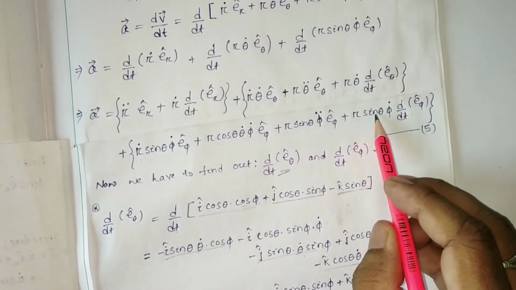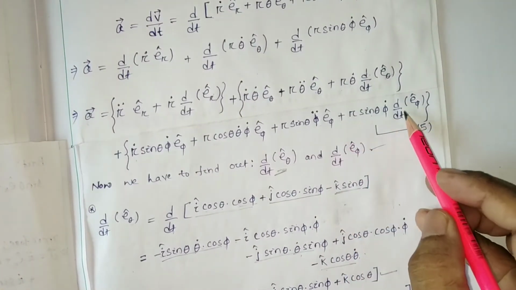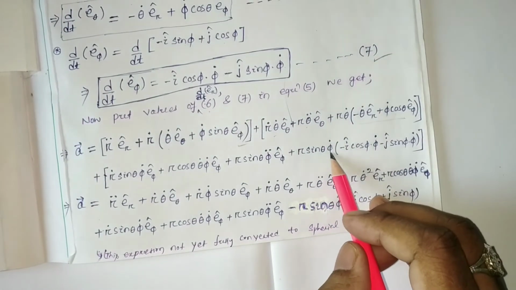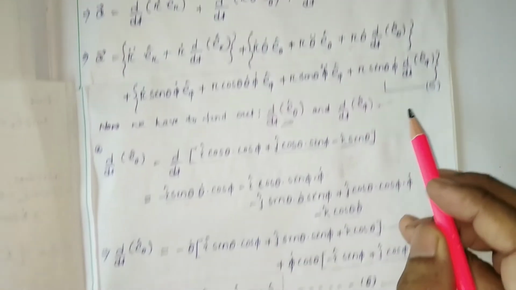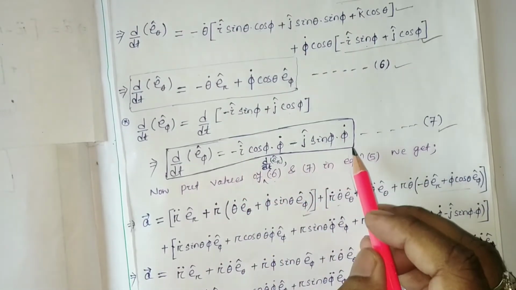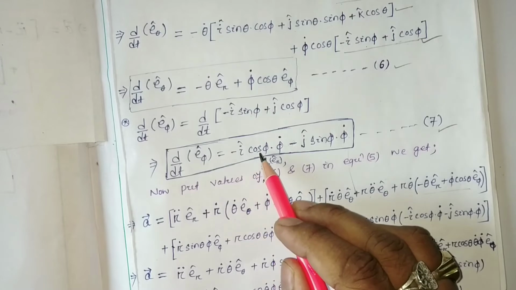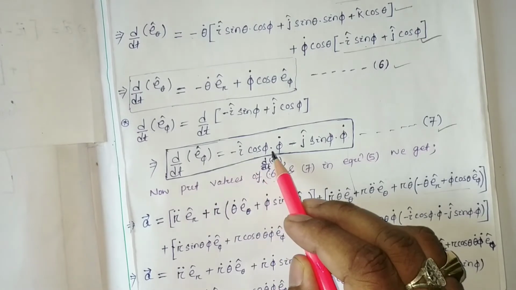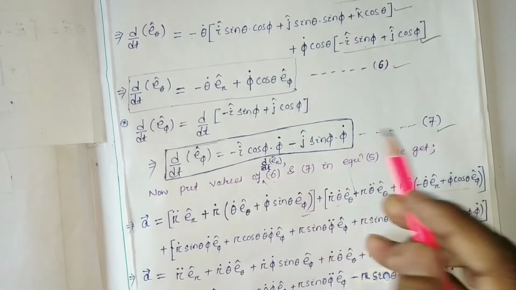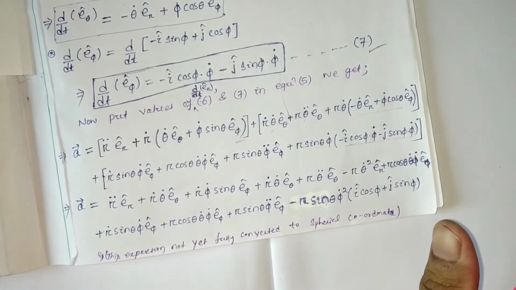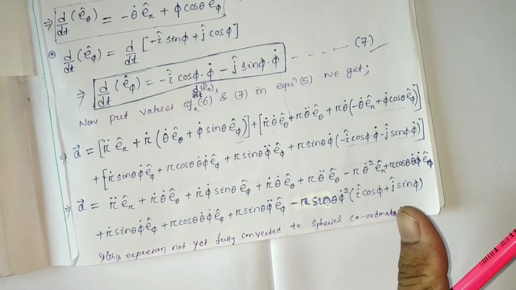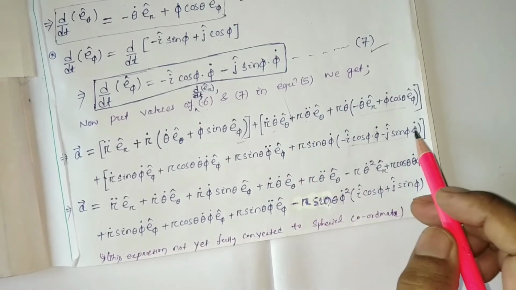Then r sin theta phi dot times d by dt of e phi cap, whose value is minus i cap cos phi into phi dot minus j cap sin phi into phi dot. The same thing has been written over here. So carefully you have to write these terms.